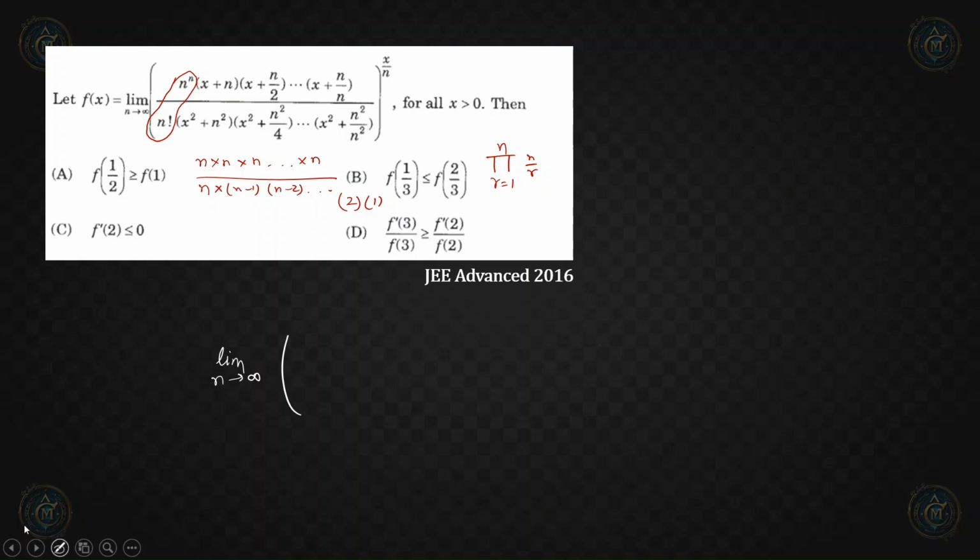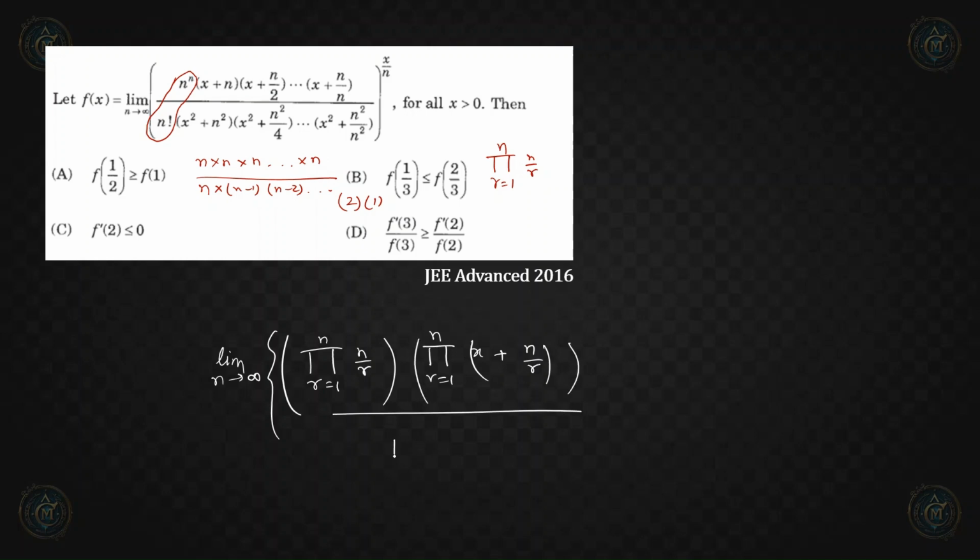So let us write this. Product of n divided by r from r equal to 1 to n. Then this numerator part we can write as product of x plus n divided by r, where r is running from 1 to n. Then the denominator we can write as product of x square plus n square divided by r square.